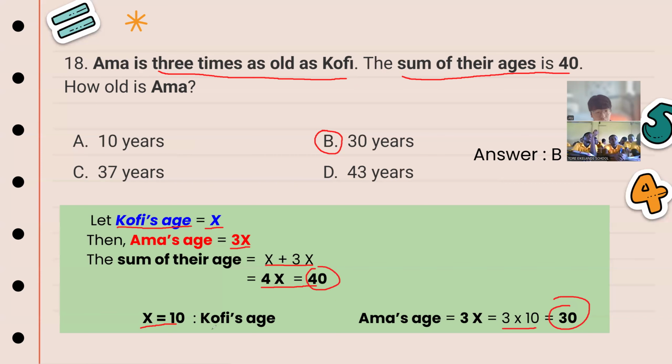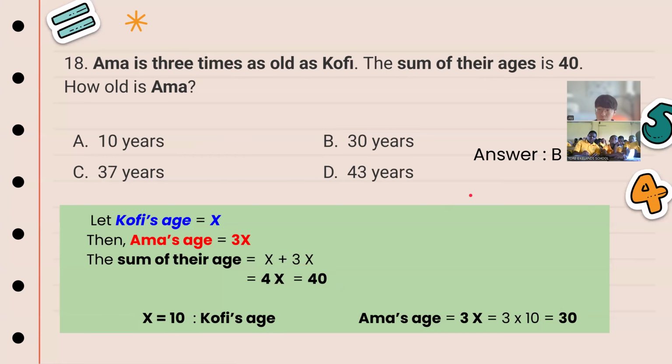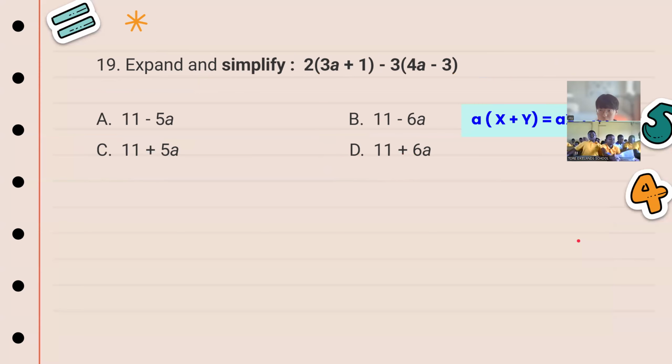And then we find Kofi's age first, and then we find Alma's age. If this is clear, we can move on to the next question, but always feel free to ask me more questions if you have any. But let's look at question 19. Expand and simplify this term here.